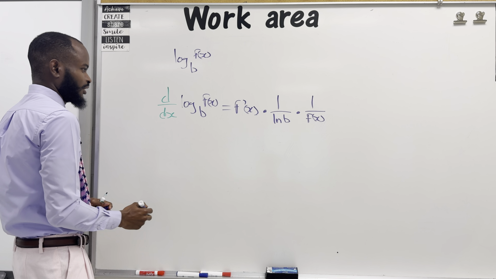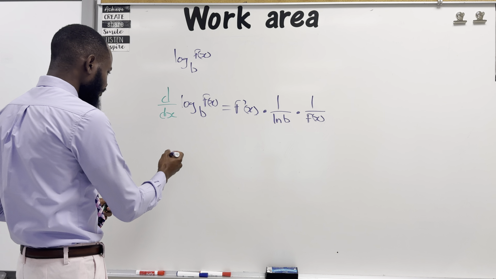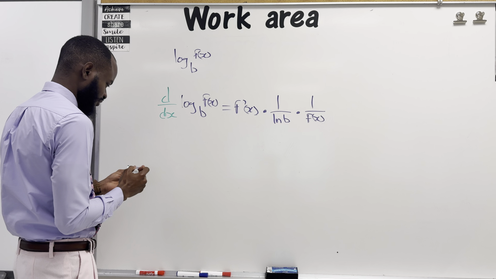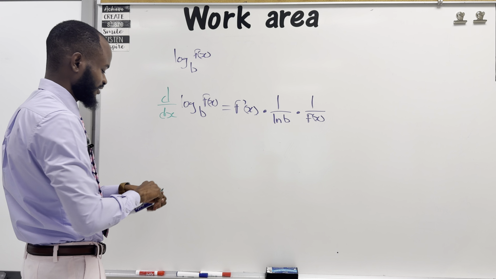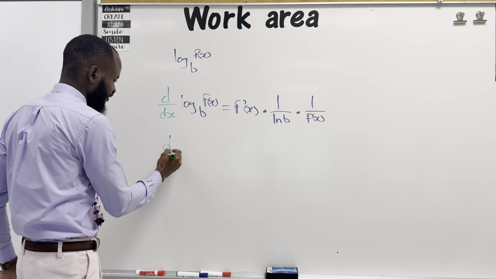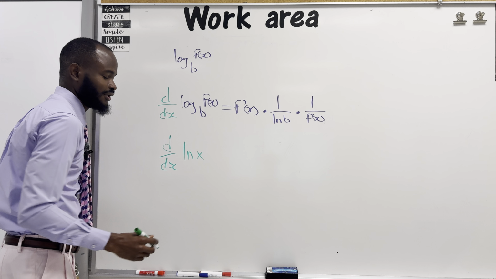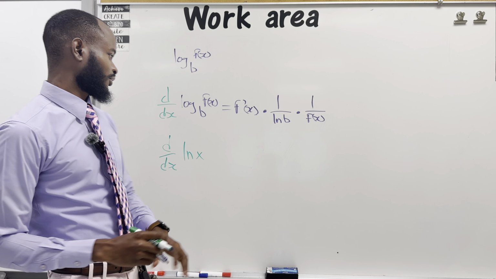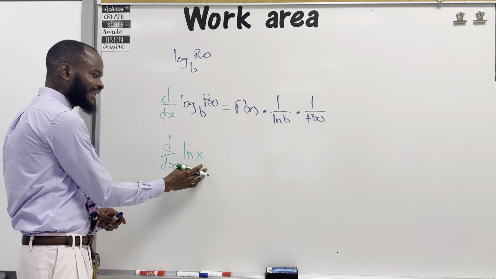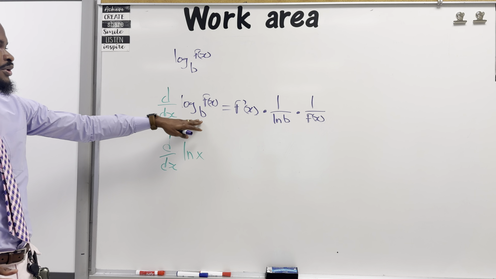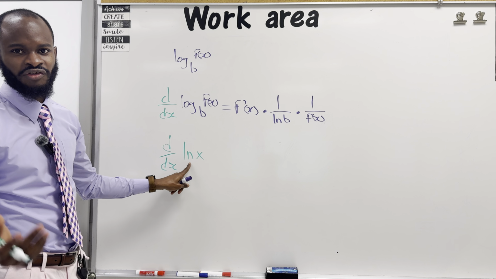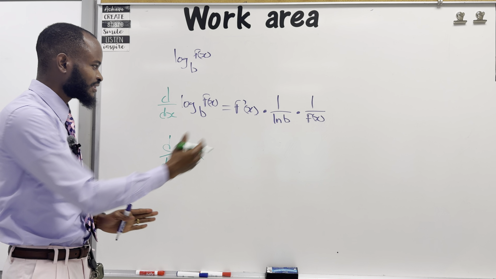Let's do the derivative of ln x, because everybody knows that the derivative of ln x is 1 over x. How do we get there? I'm going to rewrite ln x in this form, because the natural log is just log base e, so I want you to see what's happening.